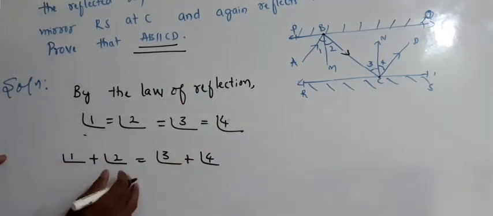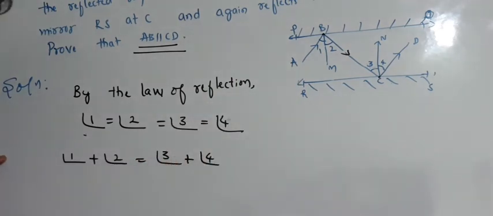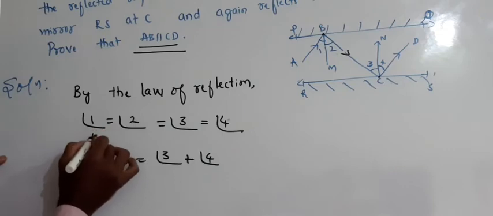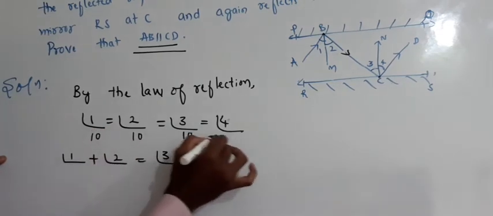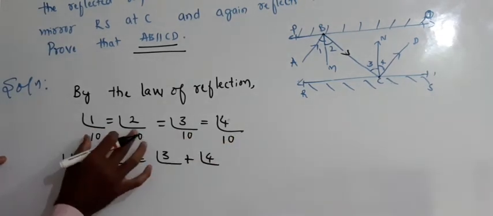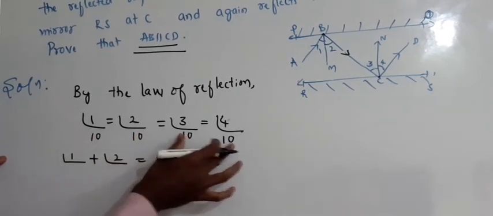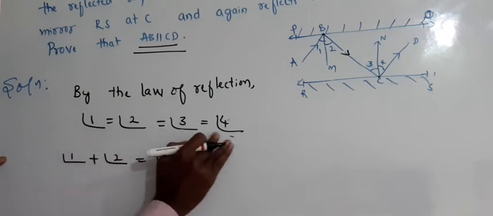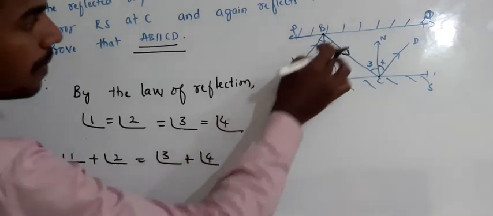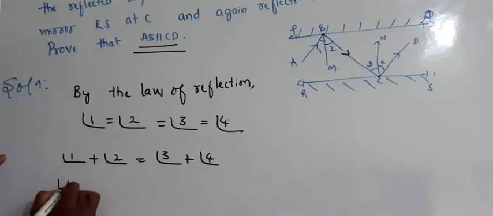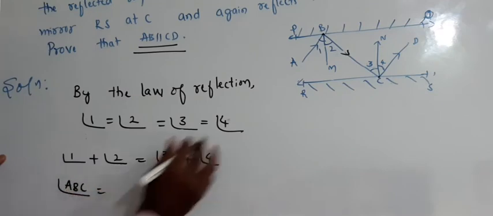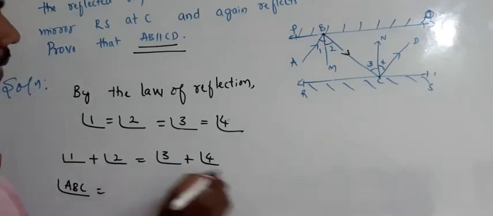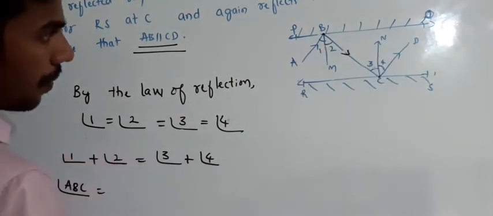See, if I give a certain value of 10 to each, 10 plus 10 is 20, and 10 plus 10 is 20. Both will be equal. Now, angle 1 plus 2 can be written as angle ABC. Angle ABC is equal to angle 3 plus angle 4.